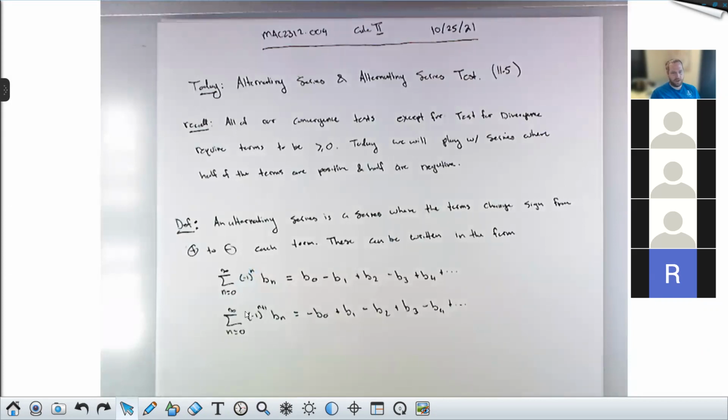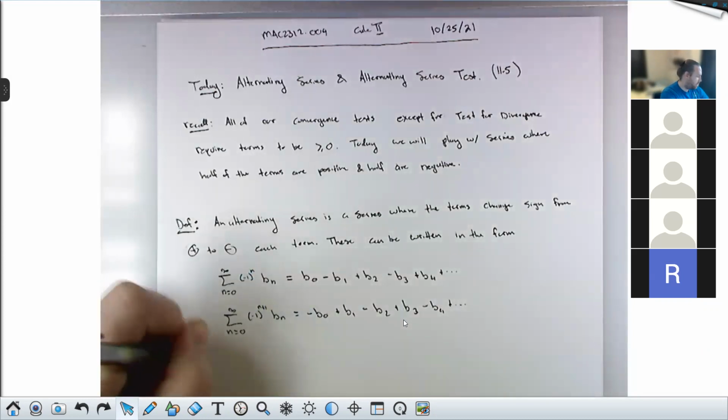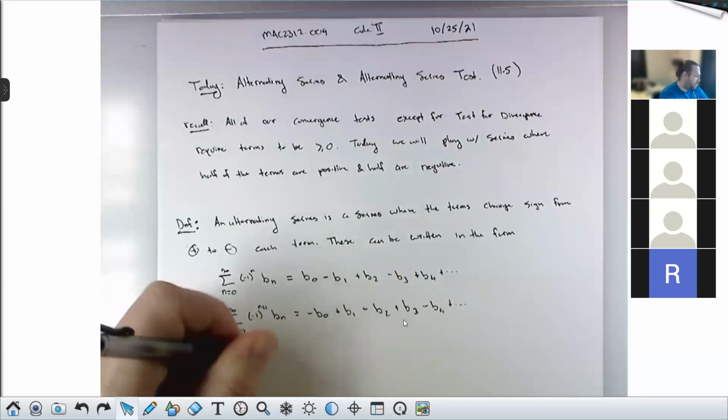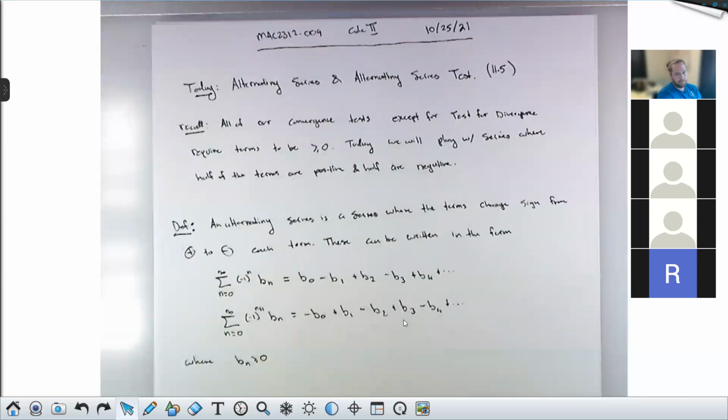It's the -1 to the n or -1 to the n plus 1 that gives you the minus, plus, minus, plus pattern. And the bn's here are assumed to be non-negative because I actually want this term to be negative. And if b1 was itself negative, then negative b1 would be positive.